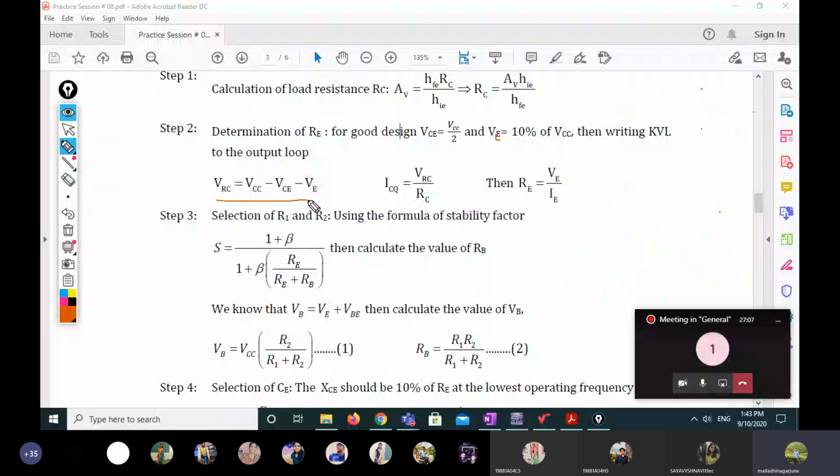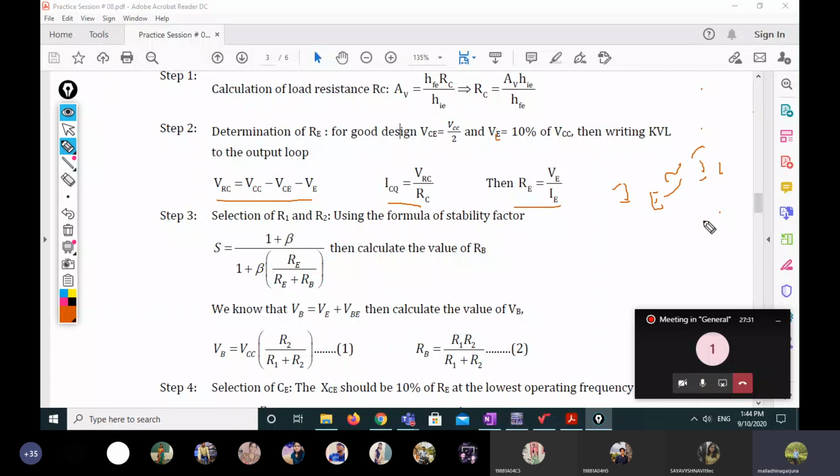So now come to this. Once VRC is known, ICQ, the collector current, is equal to VRC by RC. You know that resistor value, already calculated in step 1, and VRC you just calculated. From that you can calculate collector current. Then RE equal to VE by IE, where IE is approximately equal to IC.